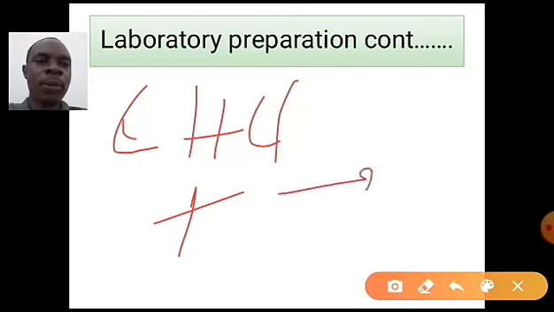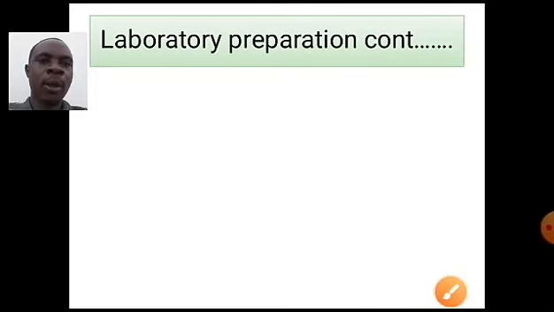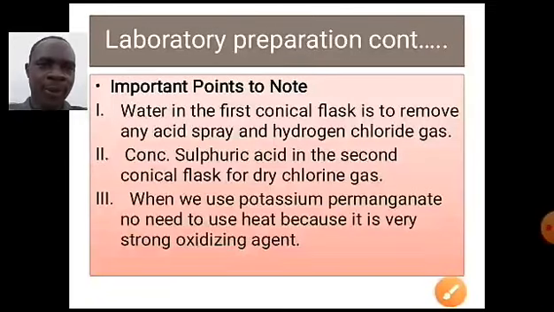The product formed is chlorine gas. But the chlorine gas that is formed must be passed first into a conical flask which consists of water.